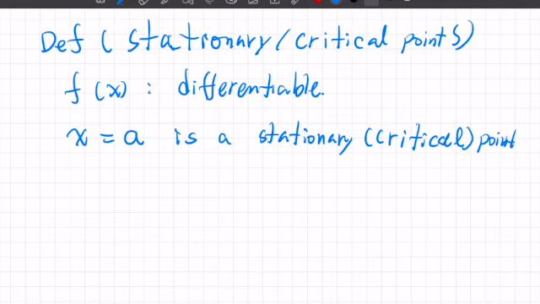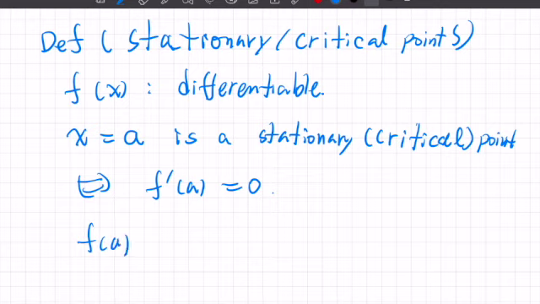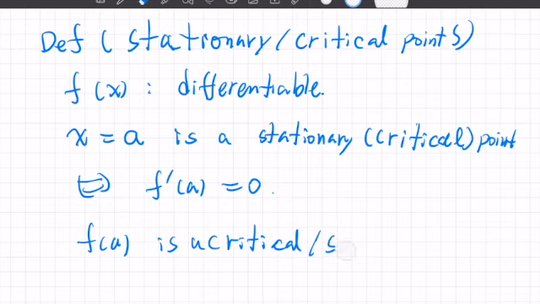So that means the differential coefficient at a is equal to 0. And in this case we say f of a is a critical or stationary value. Oh, I should swap the order, but either one is okay.